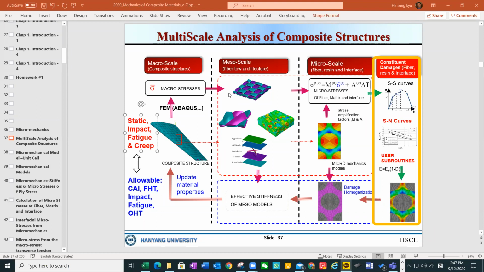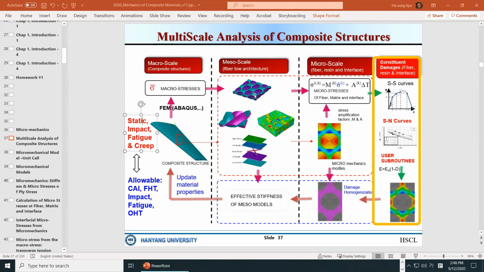And here, once we have the stresses, we need to calculate how much stress we have in a toe. The toe means that in a composite, instead of one small fiber, we have a bundle of fibers.